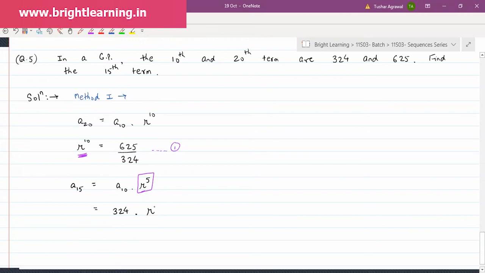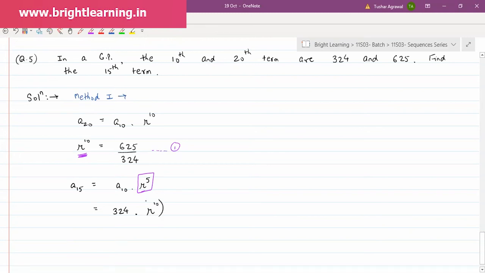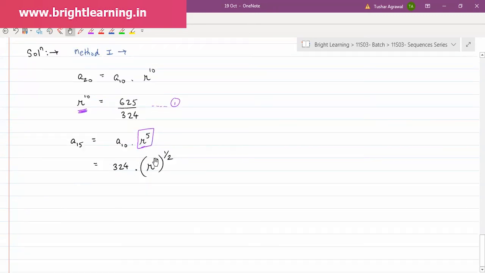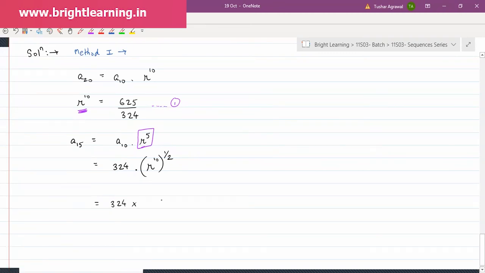This is r to the power 10, its square root. Raised to 5 means raised to 10 whole raised to 1 by 2. So now it's just substitution. This is 324 multiplied by r raised to 10. This value I know. What is this value? 625 upon 324 to the power half, that is under root.